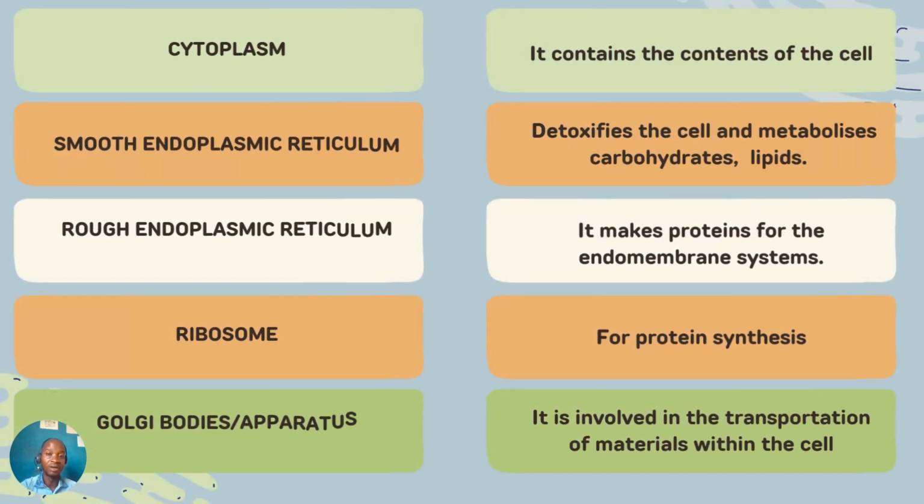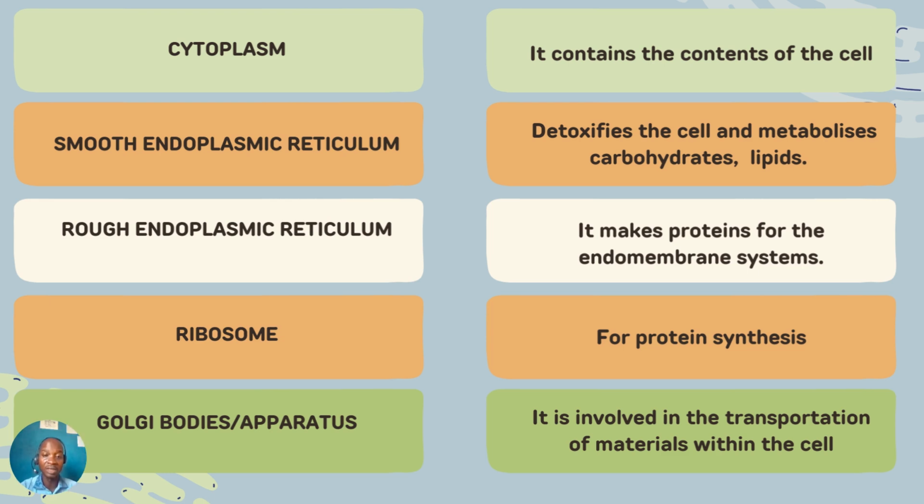The next set of organelles starts with the cytoplasm. The cytoplasm is the liquid part of the cell. It contains other cell organelles. So then we have the smooth endoplasmic reticulum. What is the function? It detoxifies the cell and metabolizes carbohydrates and lipids. While the rough endoplasmic reticulum, the only thing that makes the difference there is the ribosomes that make dots around them, which gives it the rough nature.